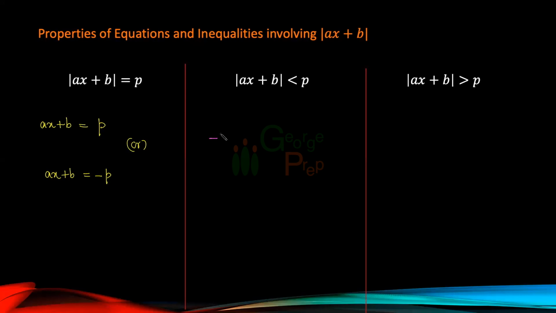I can put minus P here, and in between I can put AX plus B. Now coming to the third one, it is greater than P, which means the outer ranges, the ones on the left and the right outside the boundaries. So I can say minus P and P, but this time I should put my values outside. So I can say AX plus B is less than this or greater than this.